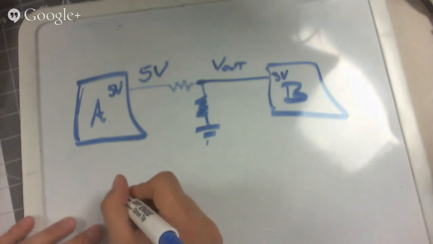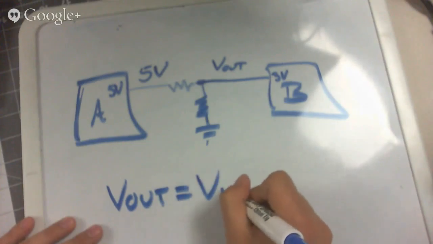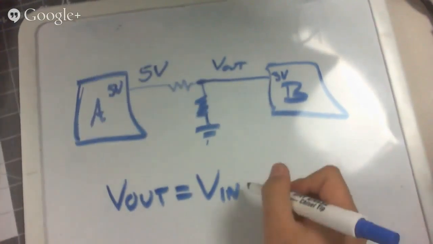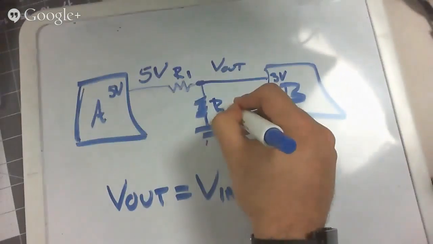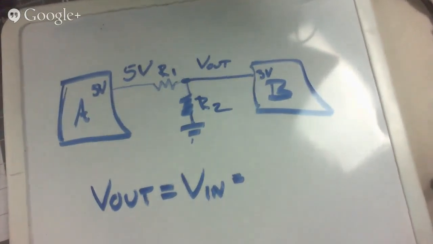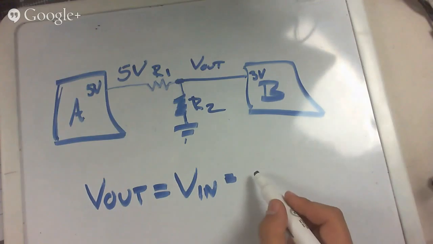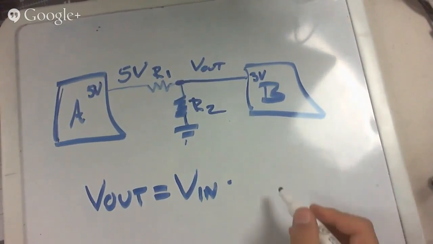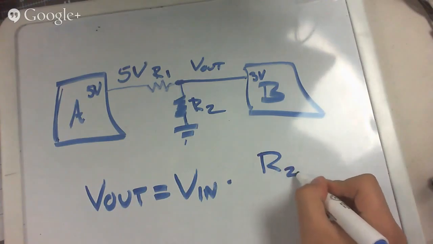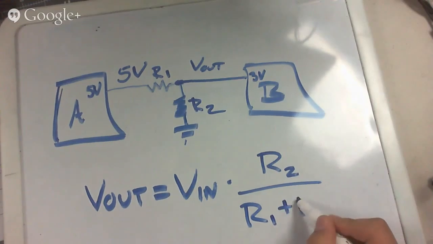The equation is V out equals V in times R2 over R1 plus R2.